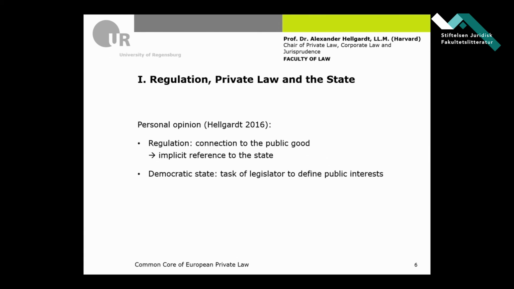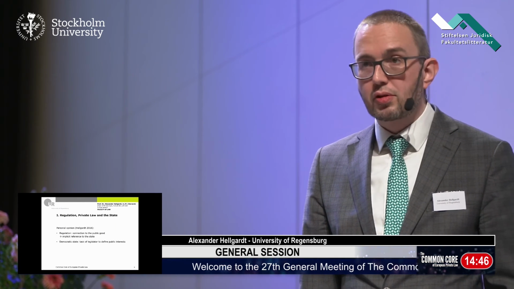If, however, regulation is limited to the enforcement of public interests, this also results in an implicit reference to the state. For in a democratic state, it is primarily the task of the democratically legitimized legislator to define the public interests that the law, we can now say regulation, is supposed to help achieve.